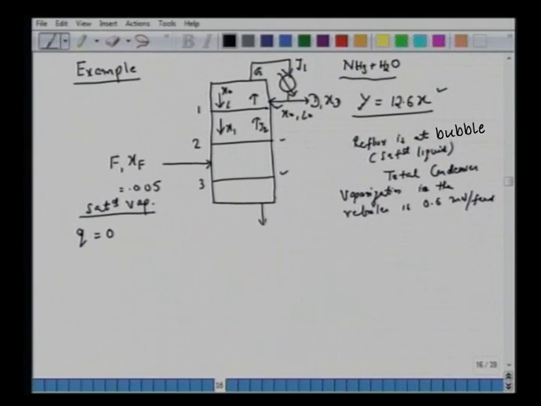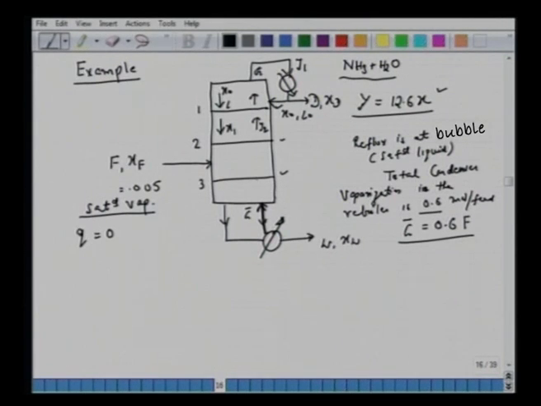So we have this liquid which comes to the reboiler, we withdraw the product W with composition XW, and part of the vapor is sent back to the column. This flow rate of the vapor is adjusted so that we have this G bar, which is 0.6 times the feed flow rate, 0.6 into F.